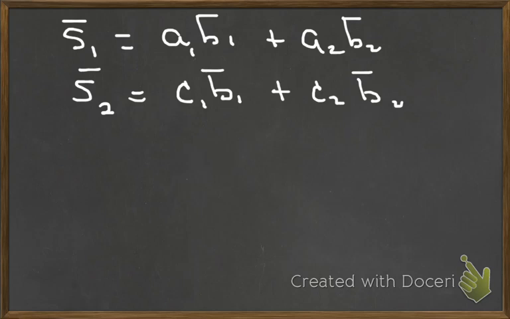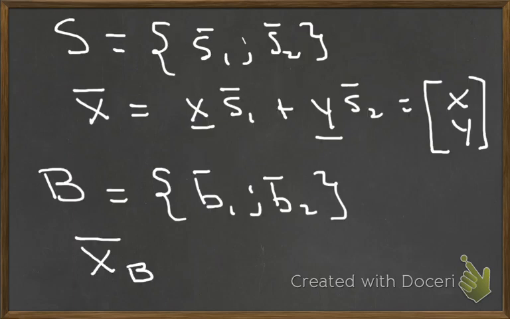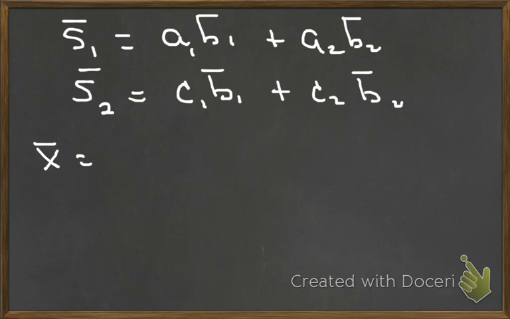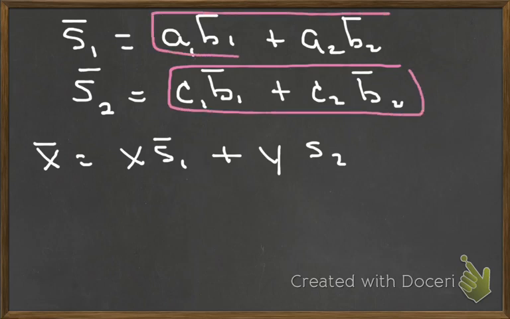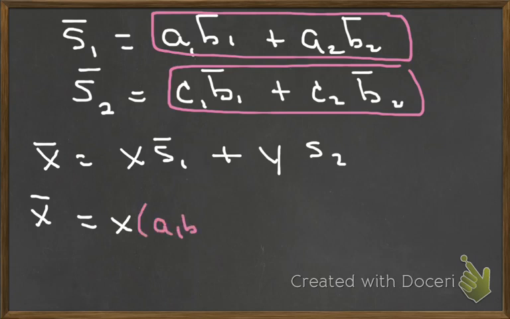So clearly we could see that if x was equal to the coordinate x times S1 plus the coordinate y times S2, if I were to make these substitutions, this one here for S2, and this one here for S1, I would get something like x is now going to be equal to x times, well, S1 is the same thing as A1 B1 plus A2 B2, and then that would be plus y, and I'm going to do a carriage return here because I'm running out of space.